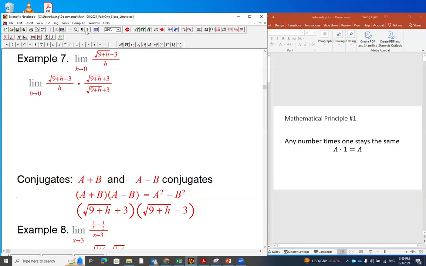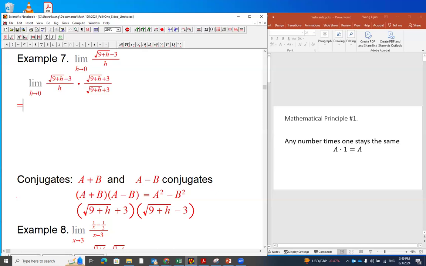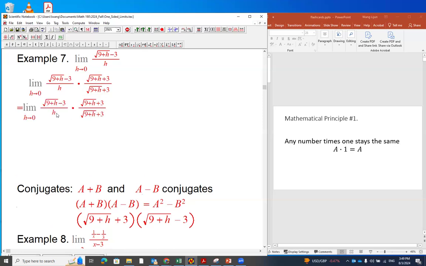So let's move forward. Equals, now I'm going to multiply the numerator with the numerator, and the denominator with the denominator. So this denominator is going to multiply the denominator right here, so this is left with 1. So numerator times numerator.